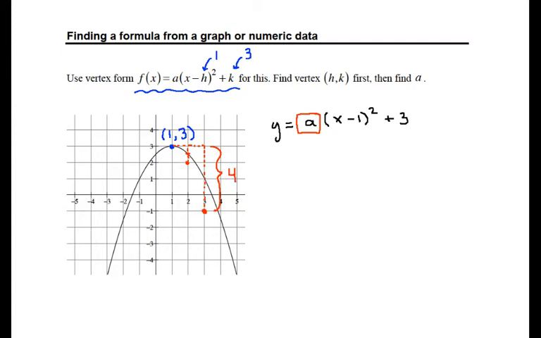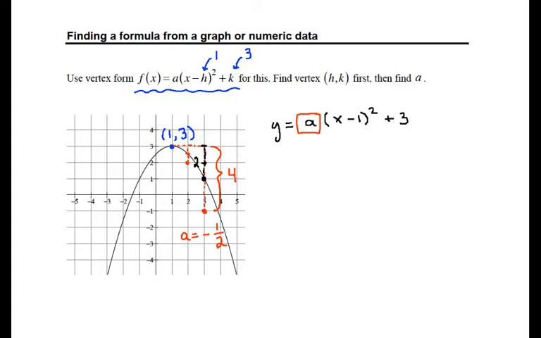However, the actual graph comes down, it looks like, half of that, which is 2. Since I only came down halfway to where I would have come without any stretching or shrinking, that tells me that my leading coefficient is a half. Or in this case, because the parabola opens down, I would indicate that the leading coefficient is negative 1/2.